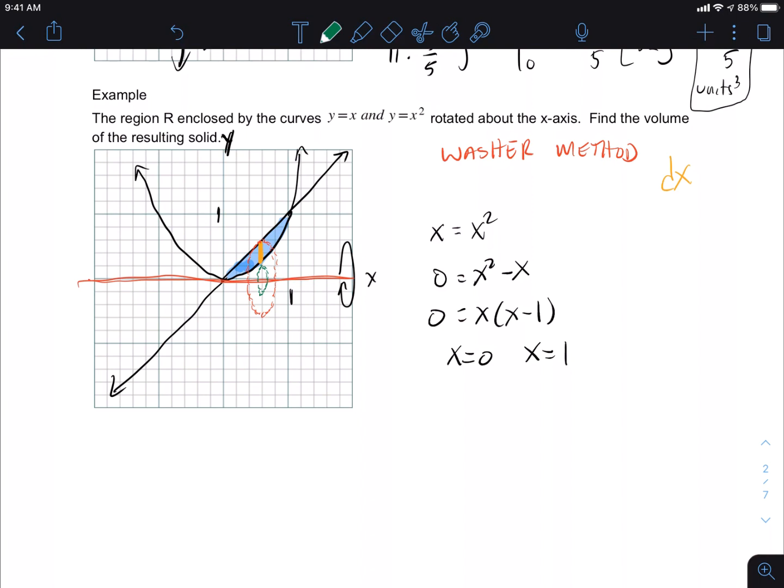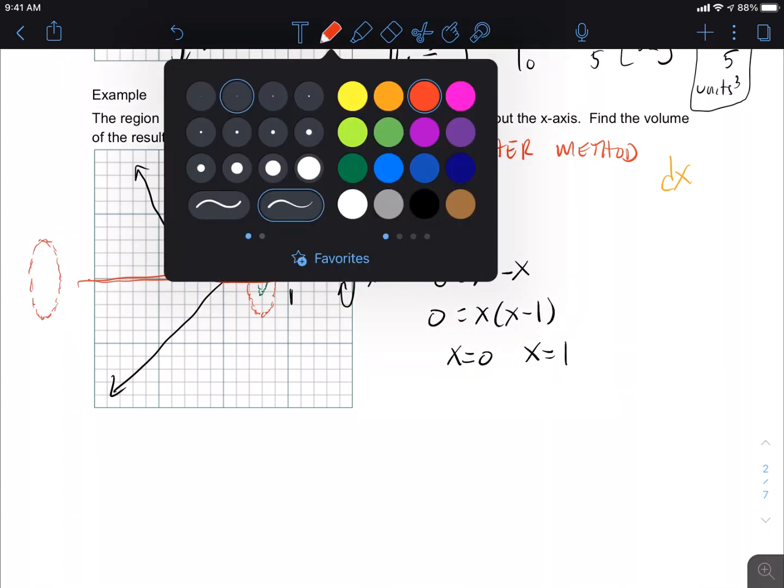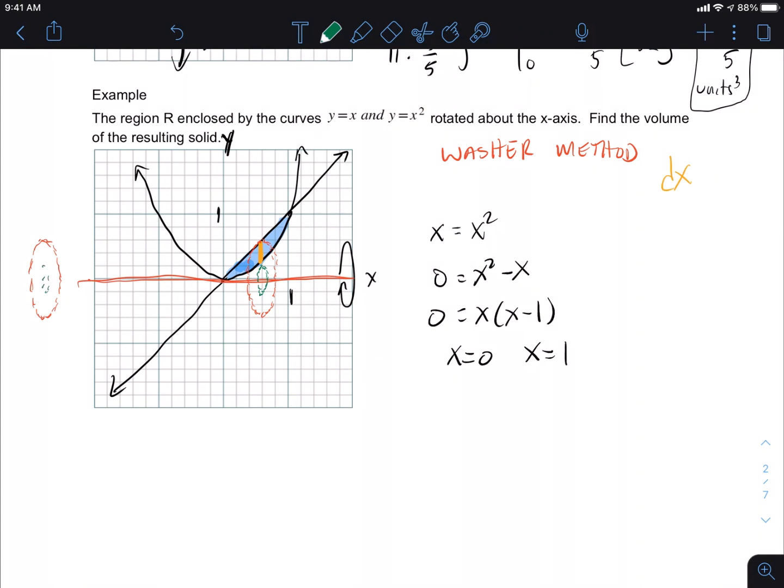So I want to show you why it's called the washer method. Ready? So what it's going to look like, so we can kind of picture it. And the shaded region gives us this. Well, what does that look like?